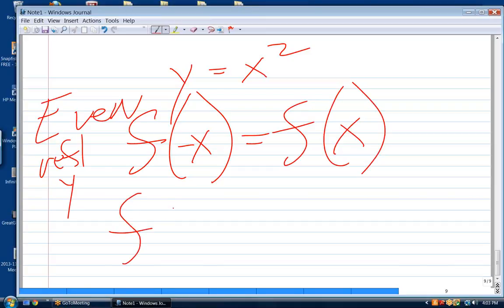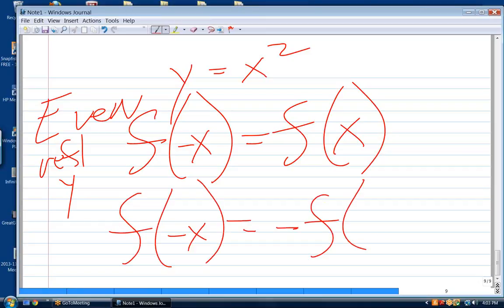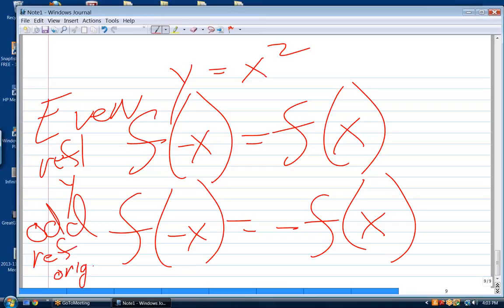If f of minus x is equal to minus f of x, it means it's an odd function, and it's reflected not about x, but about the origin.